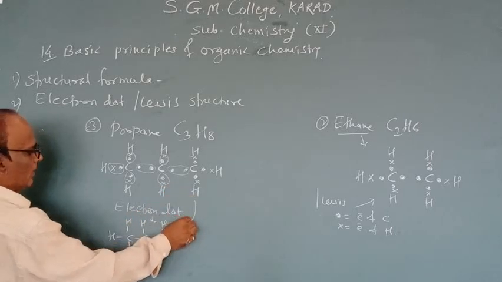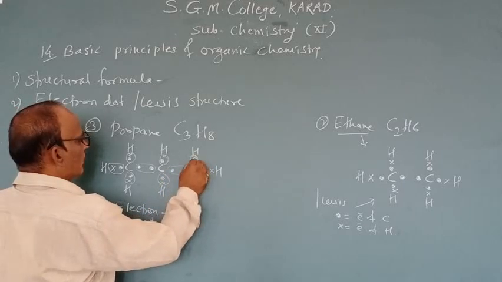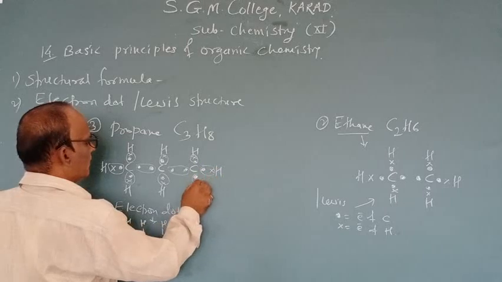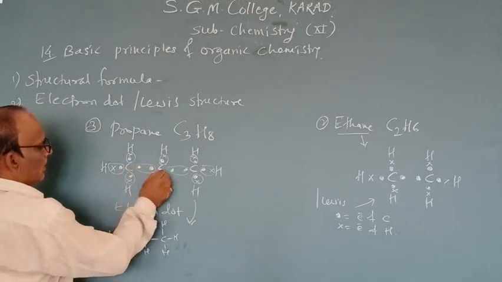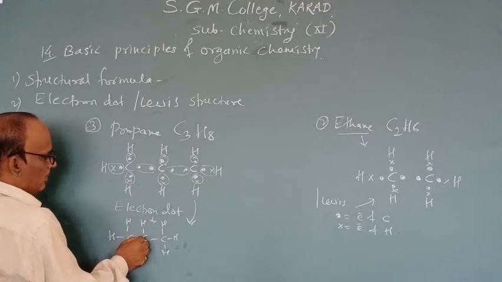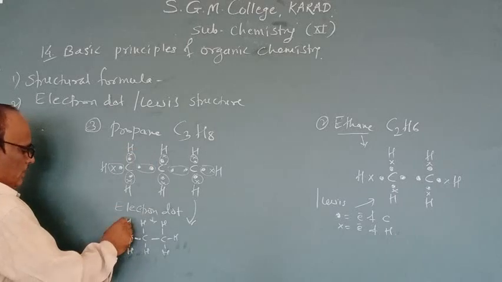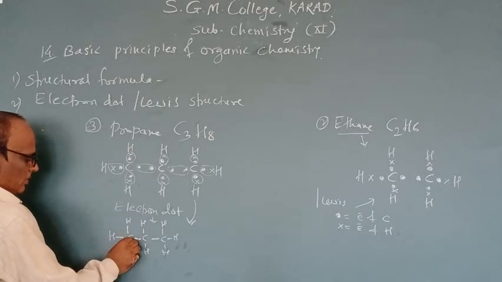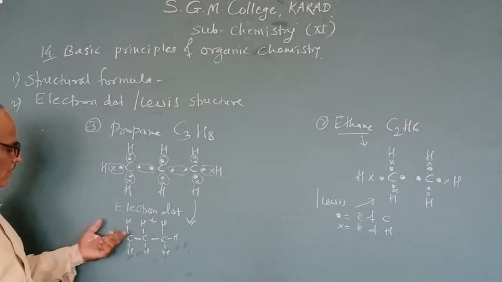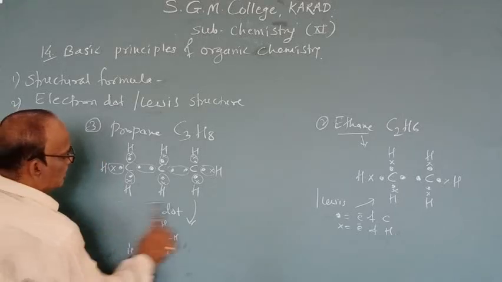The structural formula can be written from this electron dot structure. These 2 electrons, again these 2, again these 2 electrons. So a carbon-carbon single bond is present; 2 electrons form a single bond. Carbon-hydrogen, 2 electrons, single bond. So there are carbon-carbon and carbon-hydrogen bonds present in this structure.